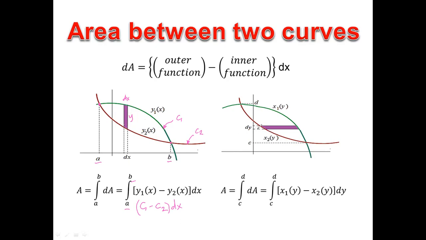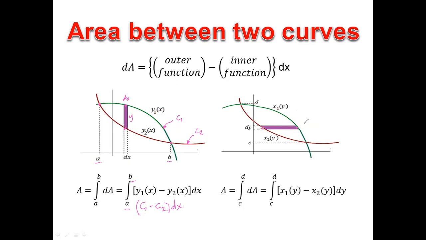Now you can also use the horizontal elements. In this case, you have dy. So if in here you chose the uppermost point minus the lowermost point as the length of your differential element, in here you will choose the farthest point to the right minus the farthest point to the left.